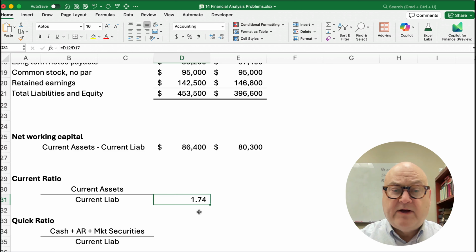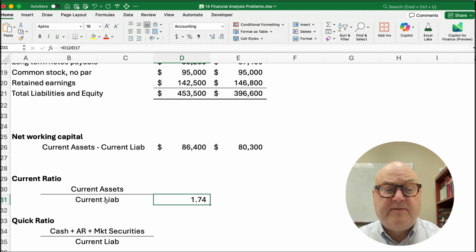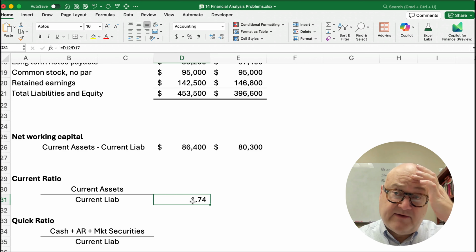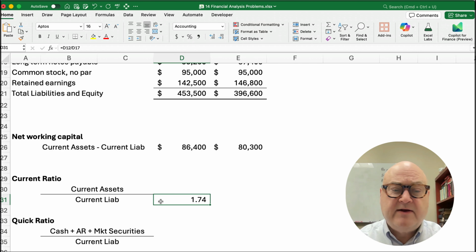What it says is, for every $1 of liabilities, we have $1.74 of current assets. Current liabilities are due within 1 year. How much do we have to pay that off? Well, we have $1.74. Generally, we want this number to be above 1.5, closer to 2.